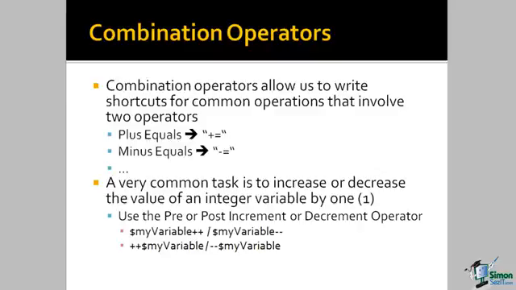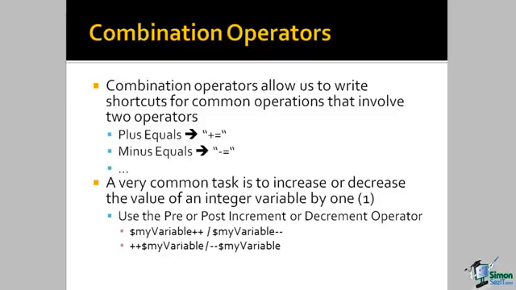One of the things that we do a lot, especially as we'll see in controlling loops, is adding a 1 to a value. And so there's a very short shortcut that we use for that. And again, in this example, we could just say my variable equals my variable plus 1.